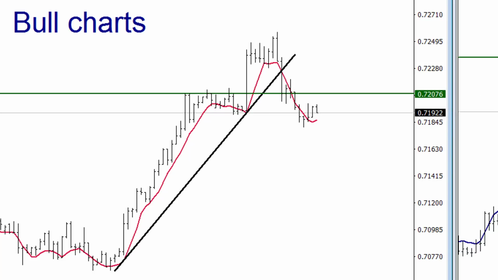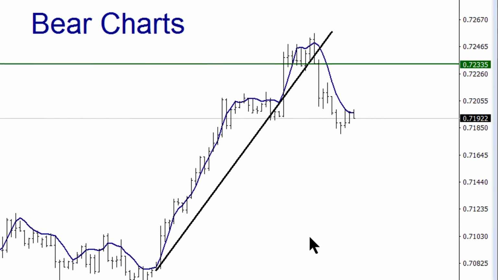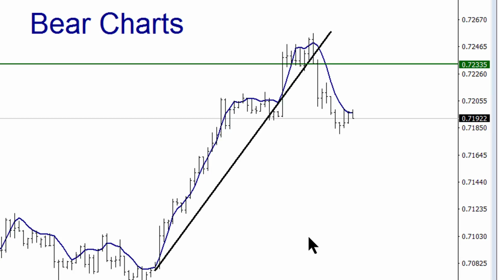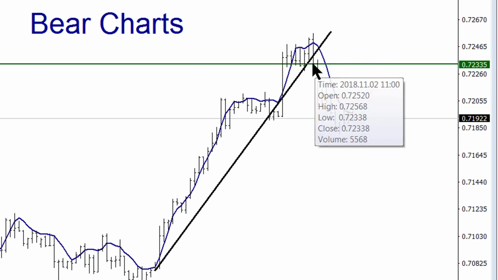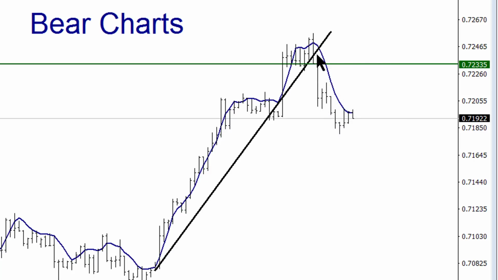7207. Now, if you used the bear charts to do your selling, which is what you should be doing, you draw the same trend line over the new chart line that we've created, and there is the violation of that trend line, and the close is right there. So at what price can you now get in? Instead of getting in at 7207, we're getting in at 7233.